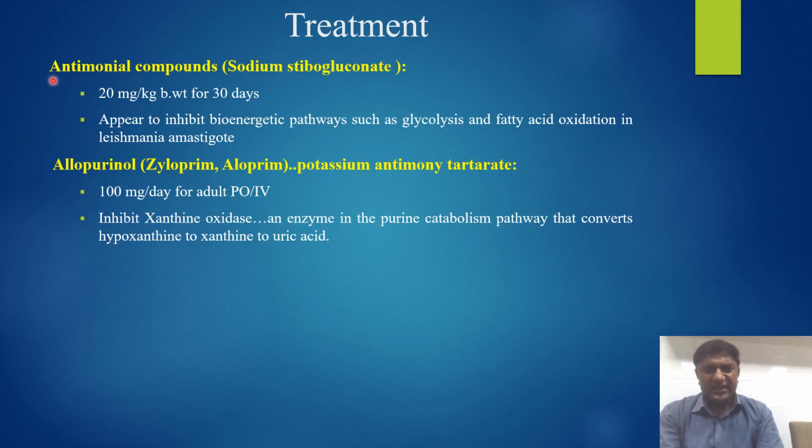Treatment: antimonial compounds, sodium stibogluconate, 20 milligram per kg body weight for 30 days, which appears to inhibit the bioenergetic pathways such as glycolysis and fatty acid oxidation in Leishmania amastigotes.